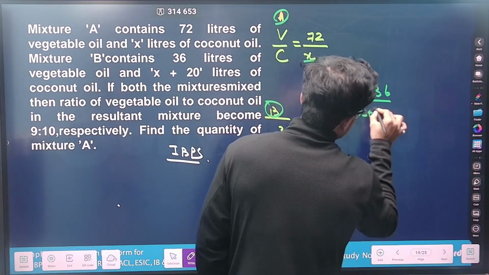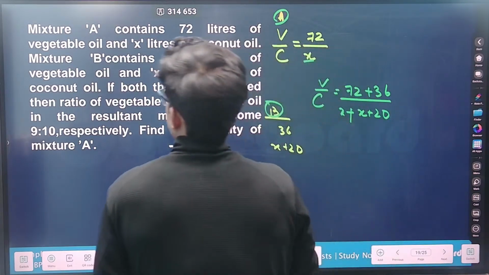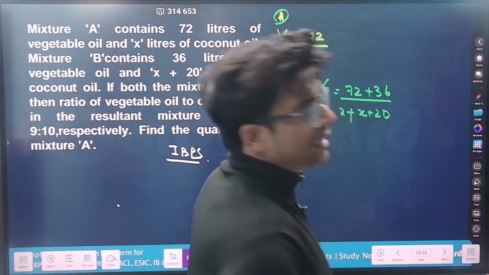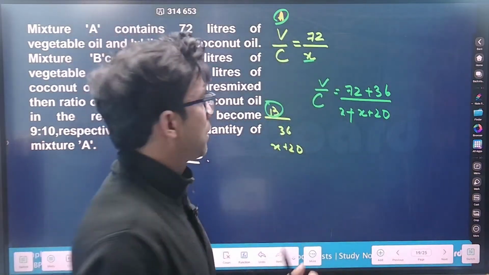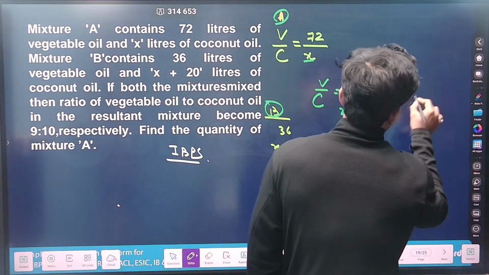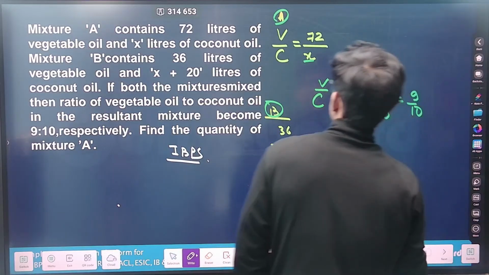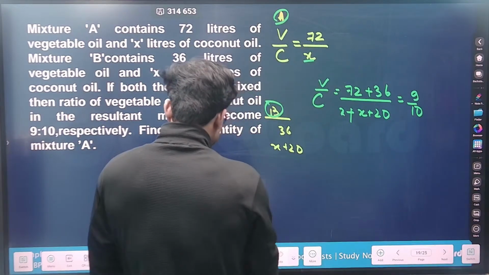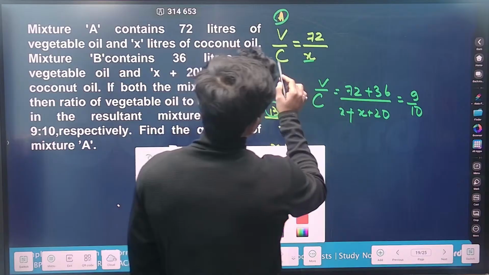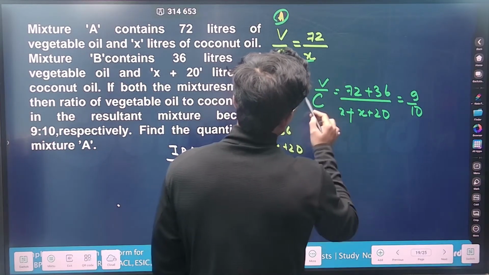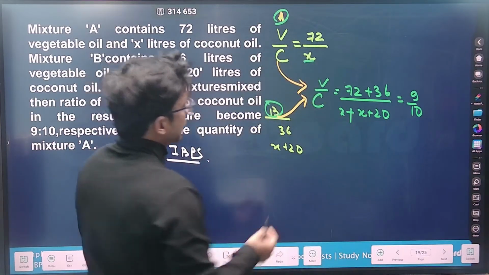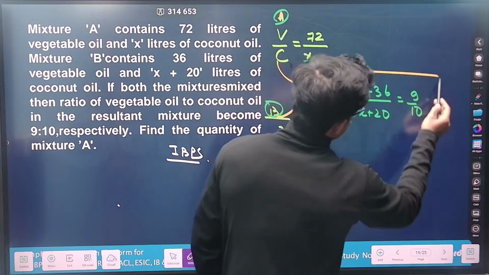X plus 20. Correct. Then the ratio becomes 9/10. Now see, this is how the mixing has been done. This is mixed with this and this is mixed with this. Then this is the resultant mixture. Is it right, everyone?